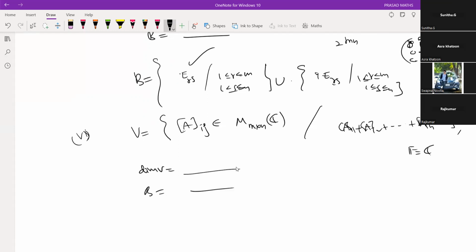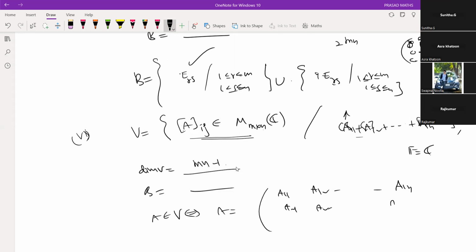I already told you, what is the total number of variables? mn. How many conditions? Only one condition is there. So what is the dimension? Total variables mn minus one restriction. Therefore mn minus 1. Is it clear? Or else take any vector in V of the form a11, a12 going on to a1n, a21, a22, a2n going on to am1, am2, amn.